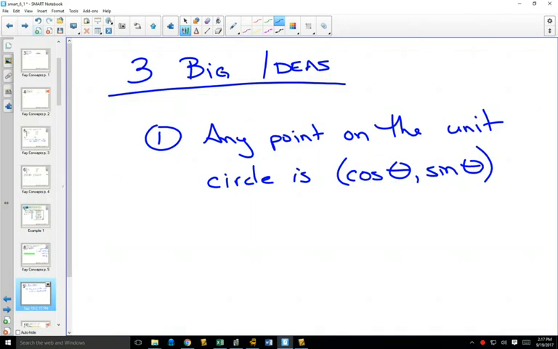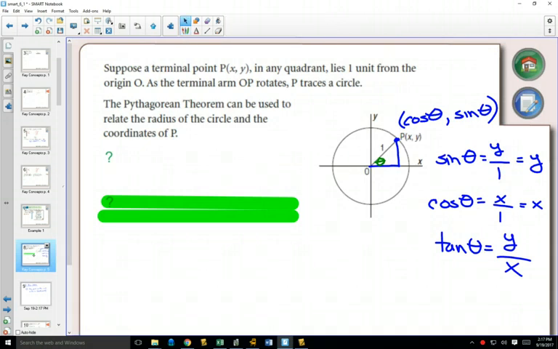So some key things that you're going to try and remember from this is that the x coordinate on the unit circle is cos of theta. The y coordinate on the unit circle is sine of theta. Big idea number one.